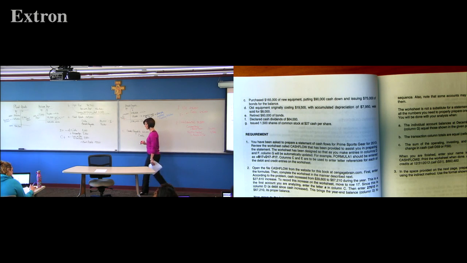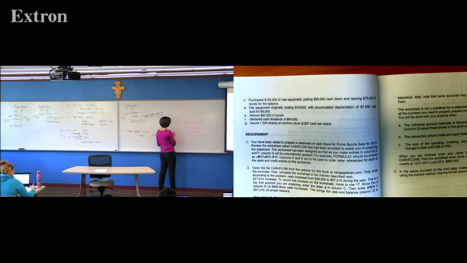Hopefully you're all taking notes on this because you're going to end up having to do a cash flow statement on your own at some point when you get to those model building problems. So this one's pretty simple though, as far as the common stock and the paid-in capital, what we're getting.